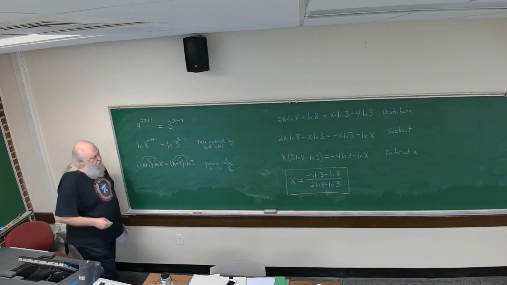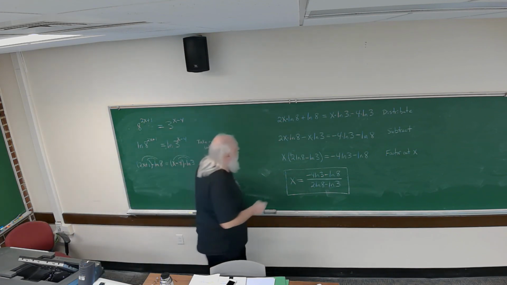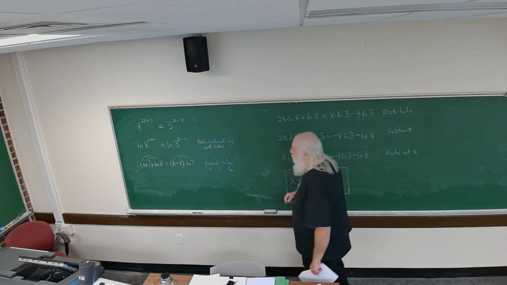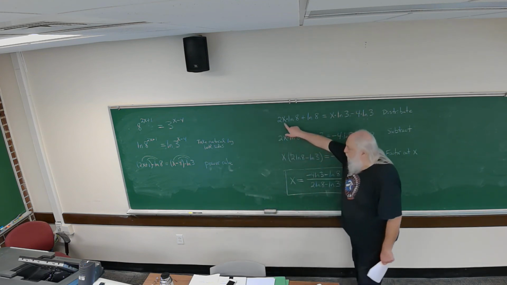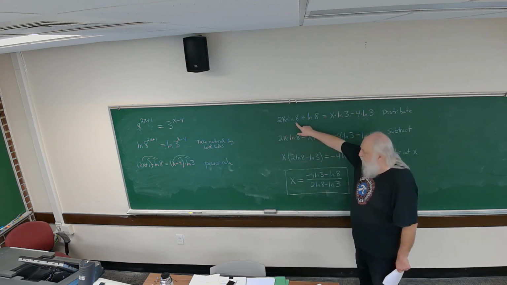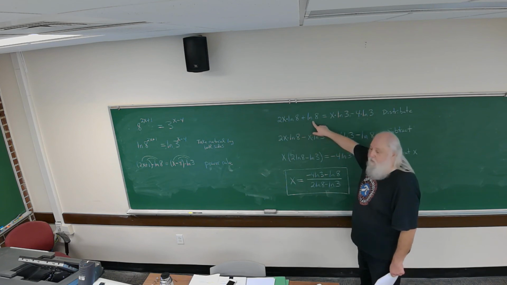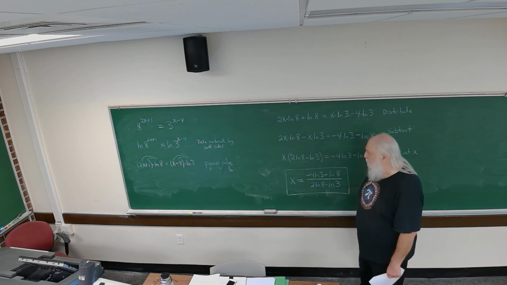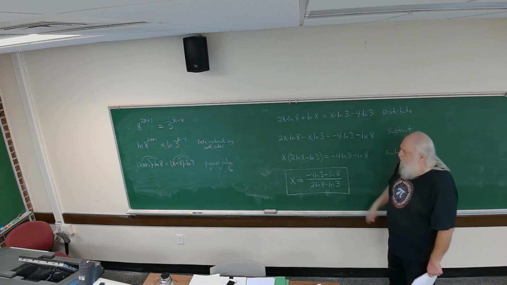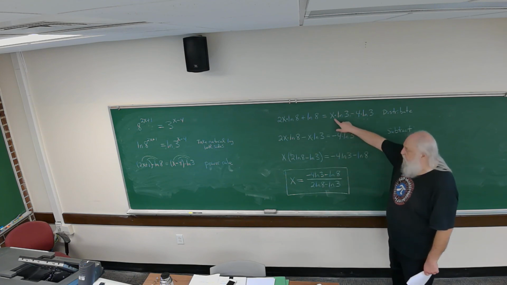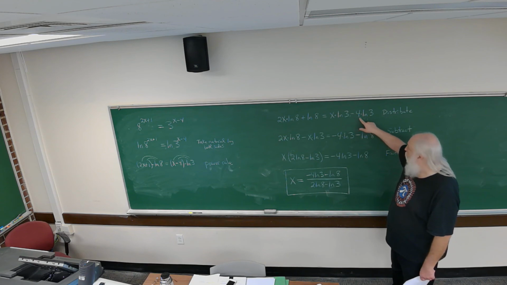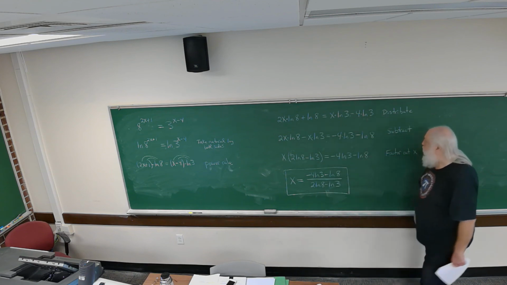When we distribute on the left, we have 2x times the natural log of 8 plus 1 times the natural log of 8, which is just the natural log of 8. On the right-hand side, we end up with x times the natural log of 3 minus 4 times the natural log of 3.